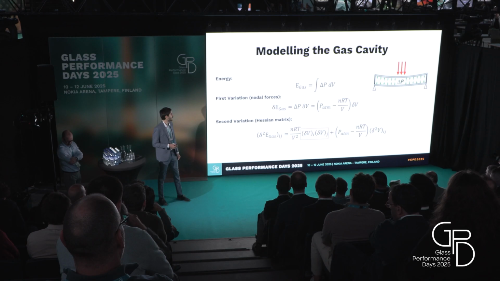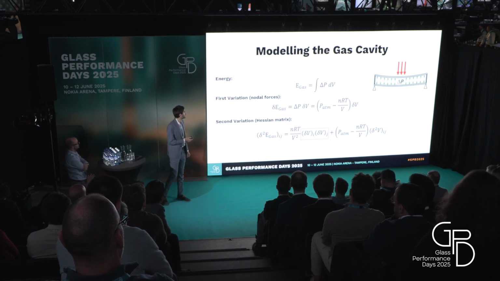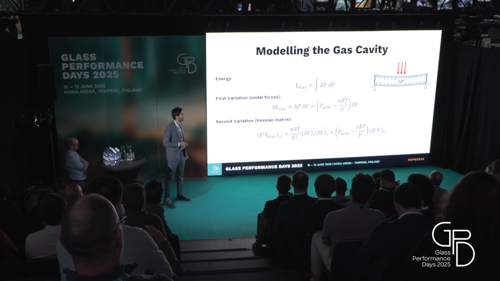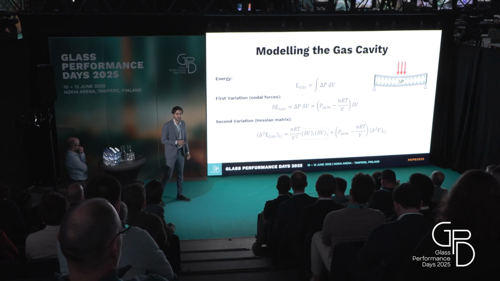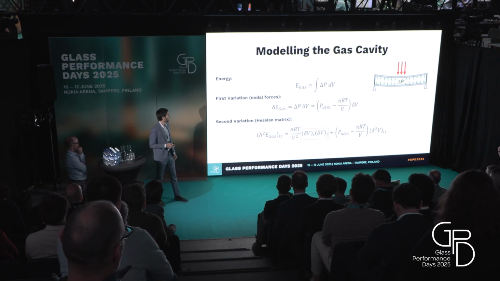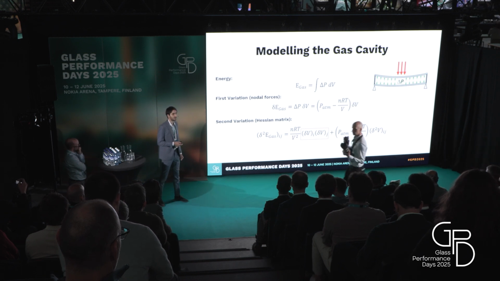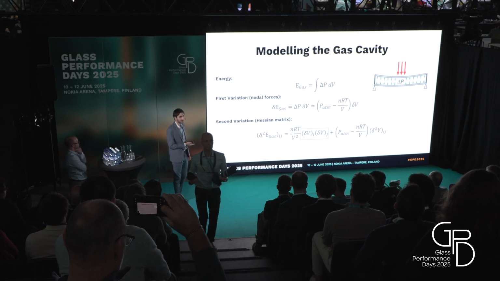To model the gas cavity, we followed a variational approach, which consists in modeling the total potential energy inside the gas cavity. We take the first variation of the energy equation to give the equilibrium equations, which are the nodal forces acting on the cavity.